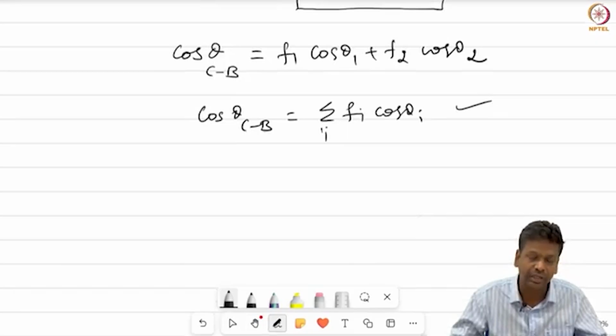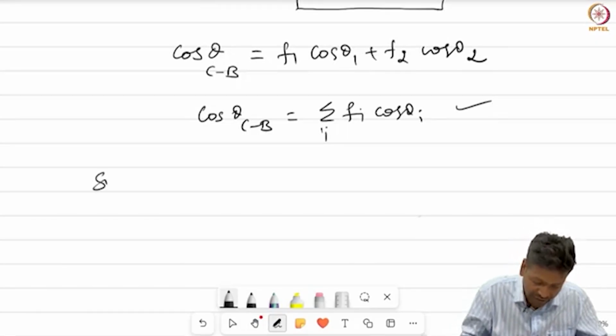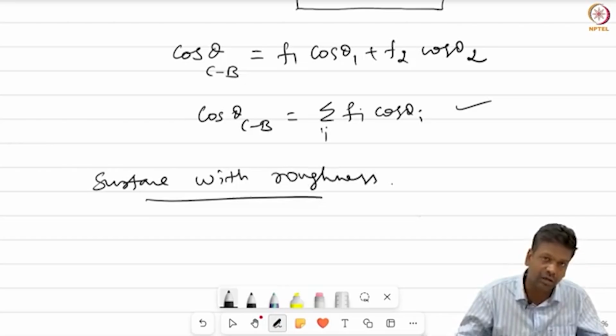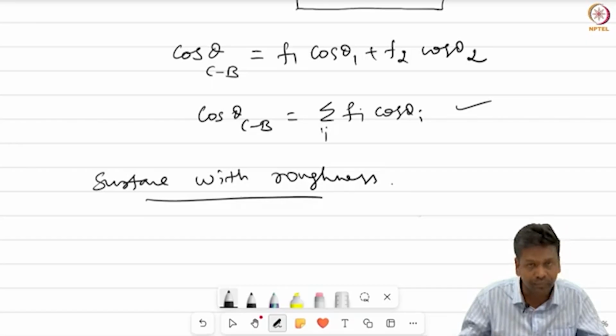Right. So the next comes the surface with roughness, okay? So we have seen Cassie's law, in which you consider a surface with porosity. The second one we dealt with was Cassie-Baxter. In this case, you have to consider a surface with numerous types of chemical heterogeneities, right?